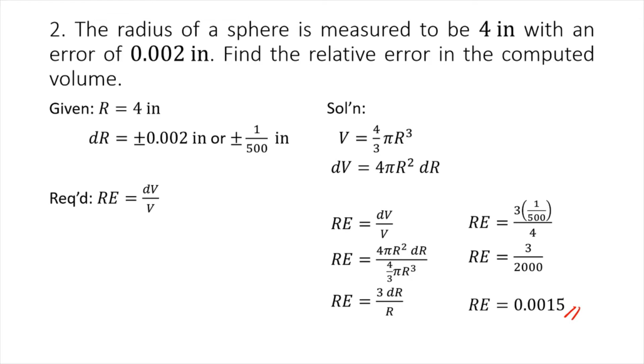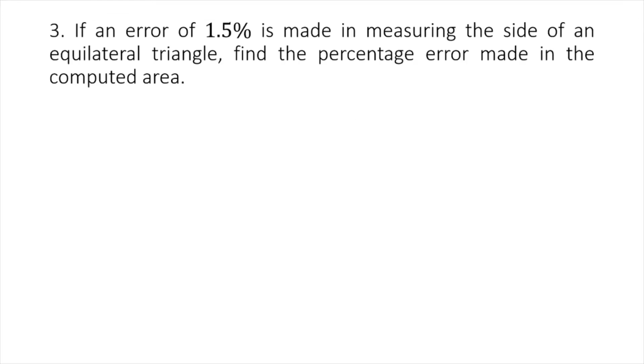Next problem. If an error of 1.5% is made in measuring the side of an equilateral triangle, find the percentage error made in the computed area. So what we are given here is a percentage error in the measurement of the side of an equilateral triangle. So we can call that ds over s times 100%.